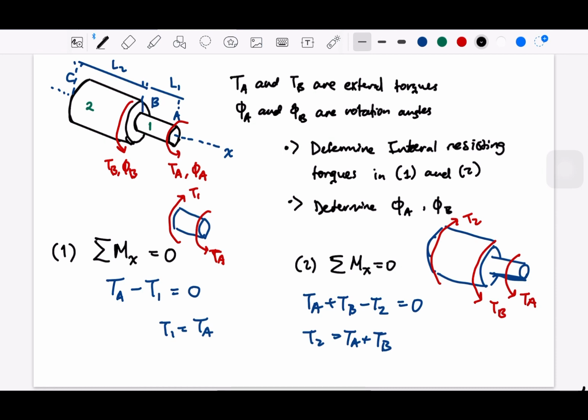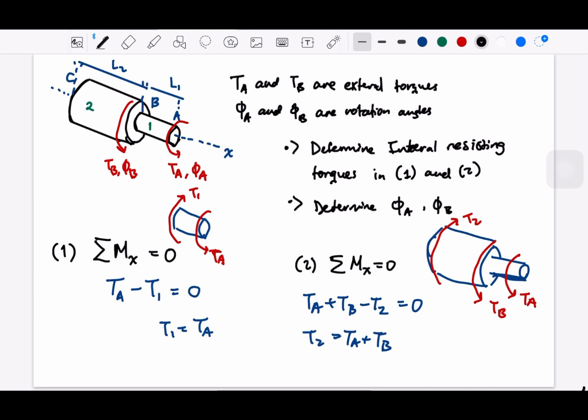Then we need to define the resisting torque inside the tube. So we slice and see the resisting torque that is going to cancel out TA. So this is statics but with torsion. If TA is here, then T1 will be there. Same with this one: we have TA and TB, and when we slice this, we get T2.